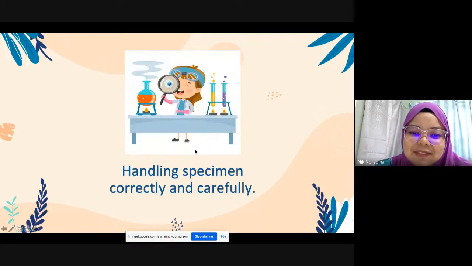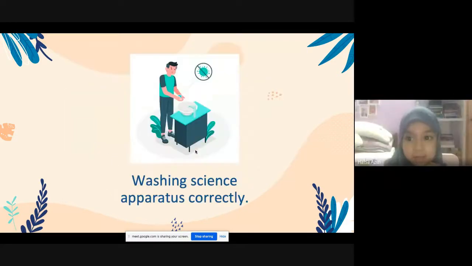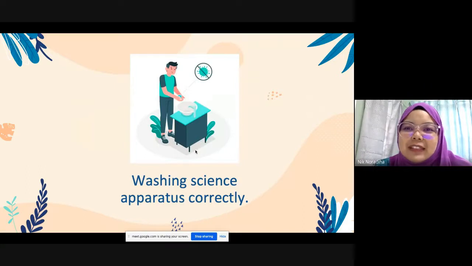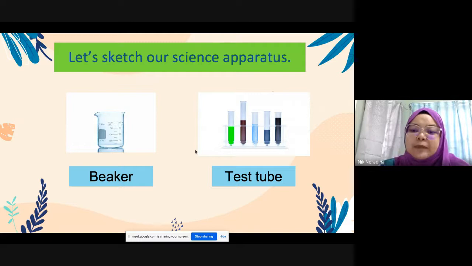Can Hafsa tell teacher the other science apparatus? Test tube. Yes, correct. Thank you, Hafsa. So just now Zikri shared a beaker, the first one. The second one is the test tube.